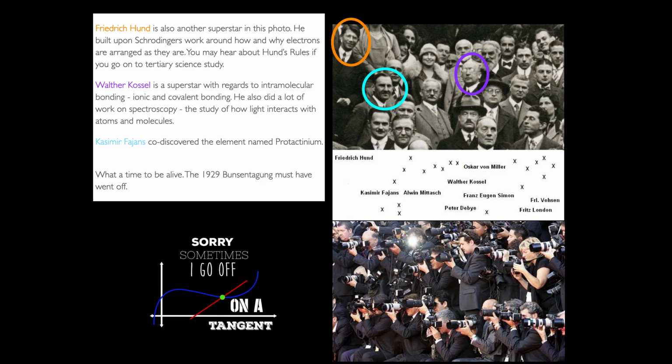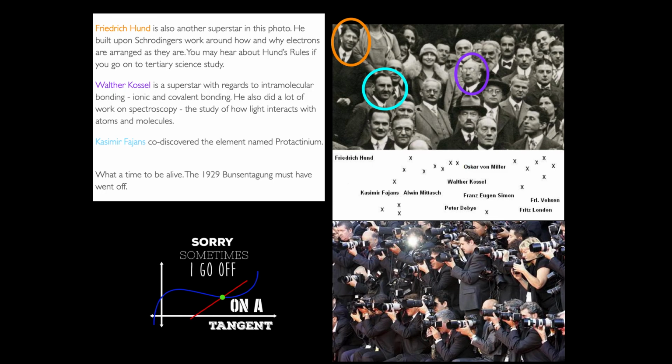Also in this photo, the guy on the top right, Frederick Hund, is also a really cool guy. He built upon Schrödinger's work on how and why electrons are arranged as they are. His name you'll come across in further study, Hund's rule, which is all about how electrons fill orbitals.